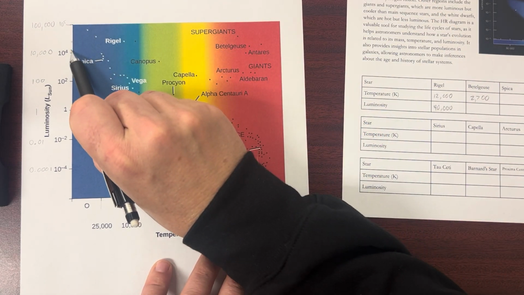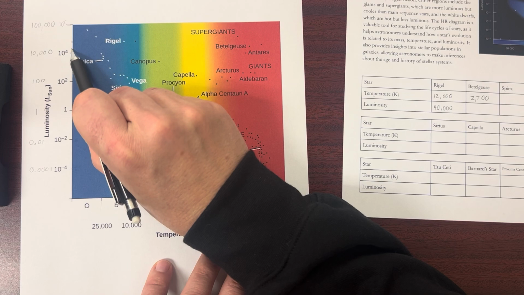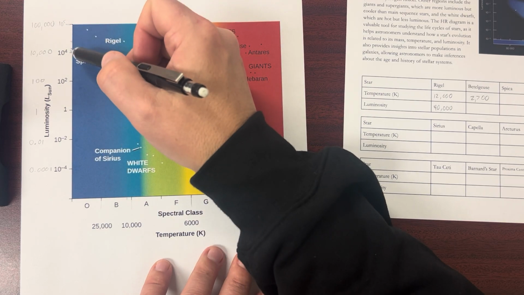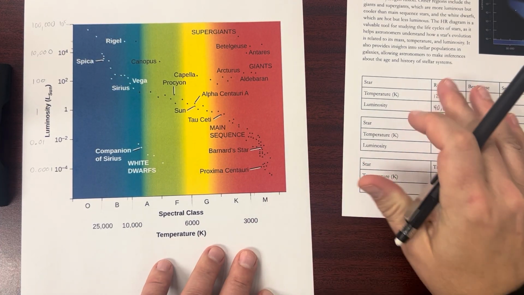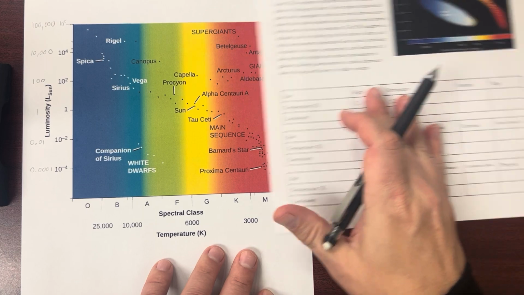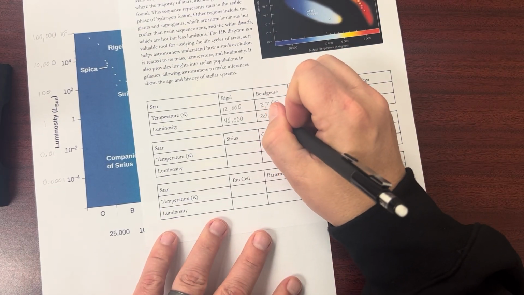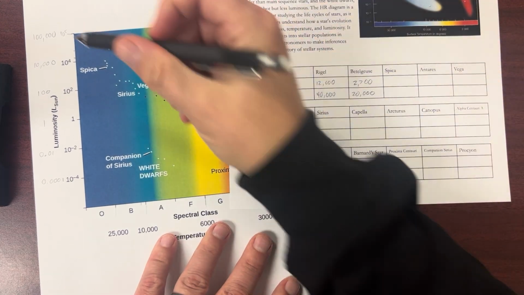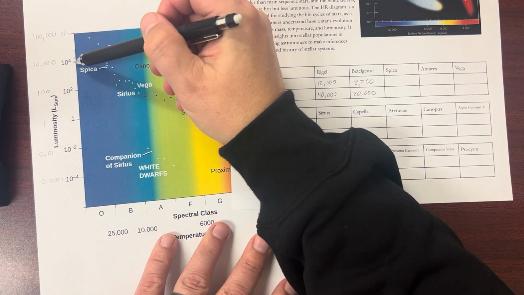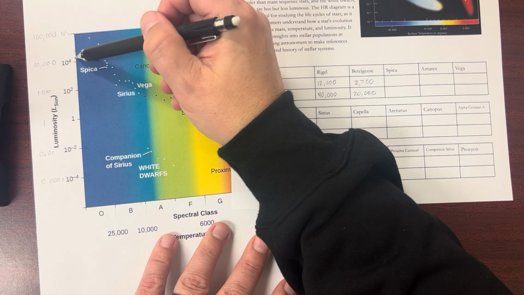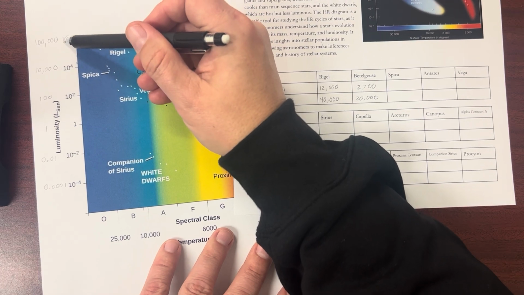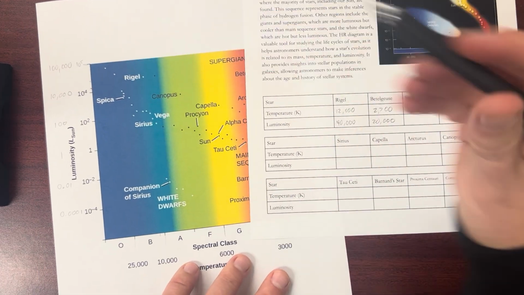Well, it's pretty similar to Rigel, but again, we're dealing with a much different chart. So I'm going to go 20,000 on luminosity. And again, that's because I'm trying to estimate where it's at between 10,000 and 100,000.